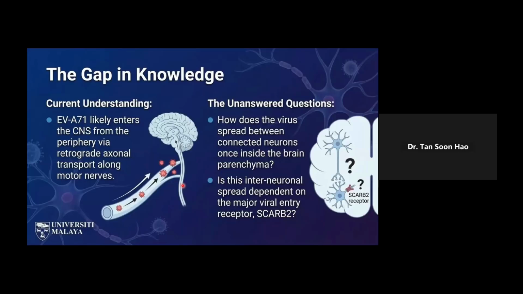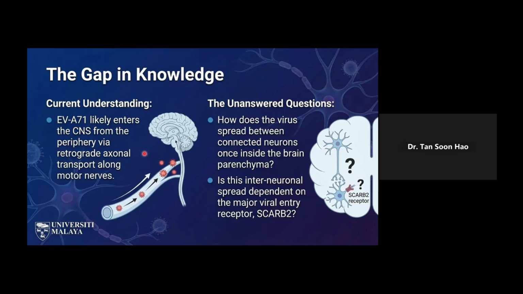So there is lots of ongoing research trying to understand how EV-71 actually enters the CNS, by crossing the blood-brain barrier, or utilizing the peripheral or retrograde axonal transport along the motor nerve. Because in the autopsy patients, we often see only the CNS infected, but not the other organs except the skin. We do not know how this virus actually transports into the CNS.